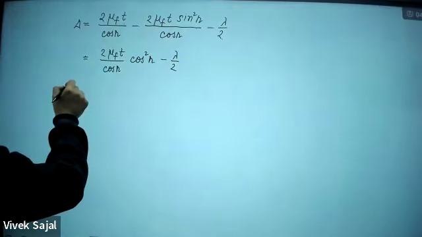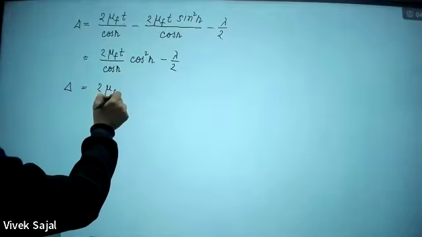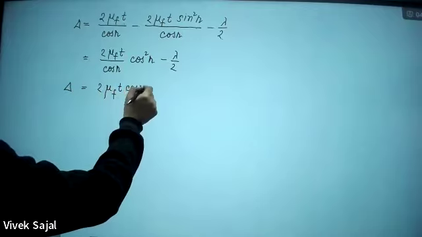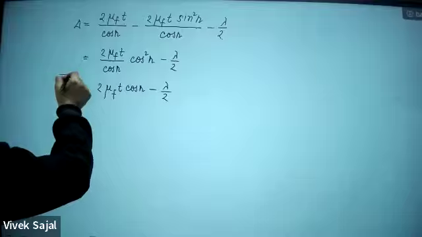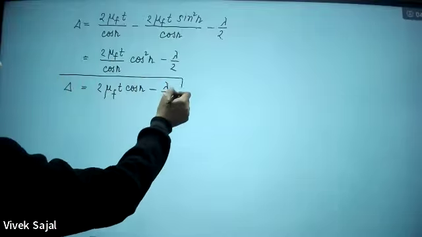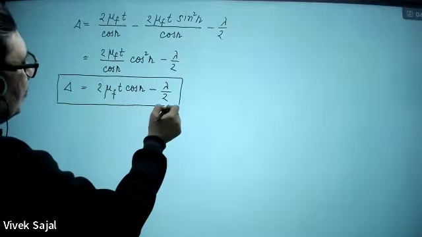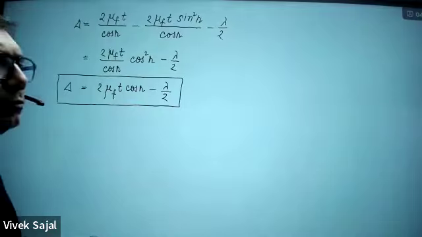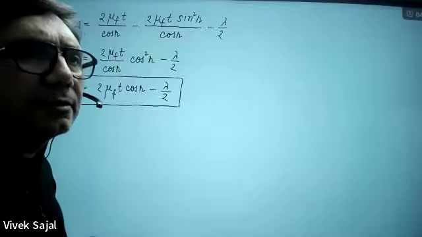So the path difference here will be 2 mu f t cos r minus lambda by 2. In this case, this will be the path difference. You have to remember this, 2 mu f t cos r. At least you have to remember this.